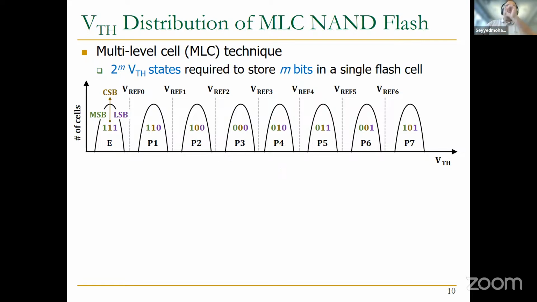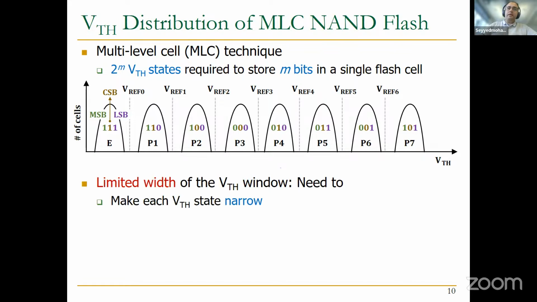Between any two consecutive states, you can have a reference voltage. It's not like an SLC flash, where you only need to apply one reference voltage to see if it's programmed or erased. Here, since the division of the threshold window is more fine-grained, you need to apply several reference voltages to read your data.